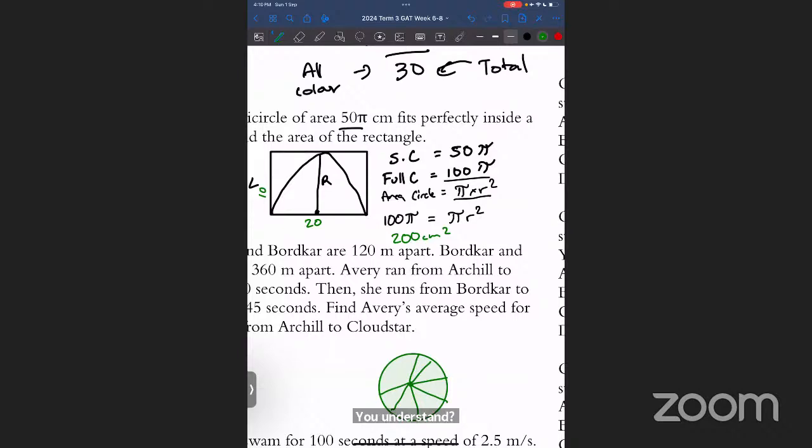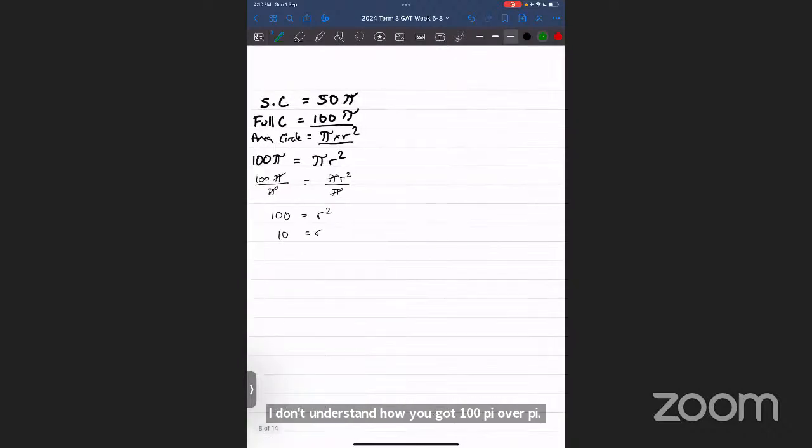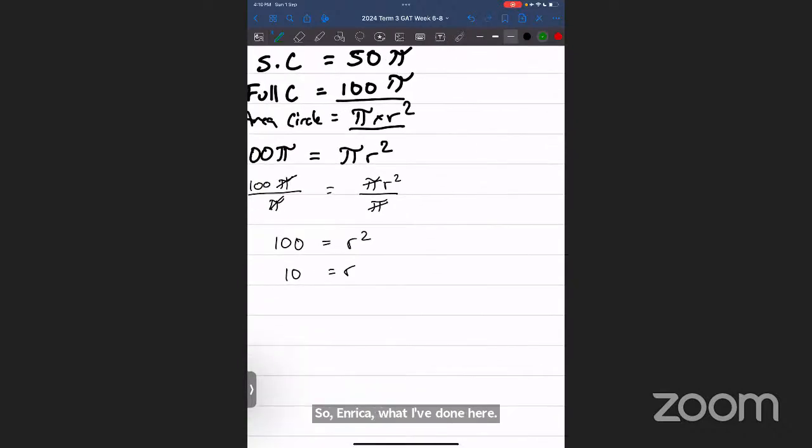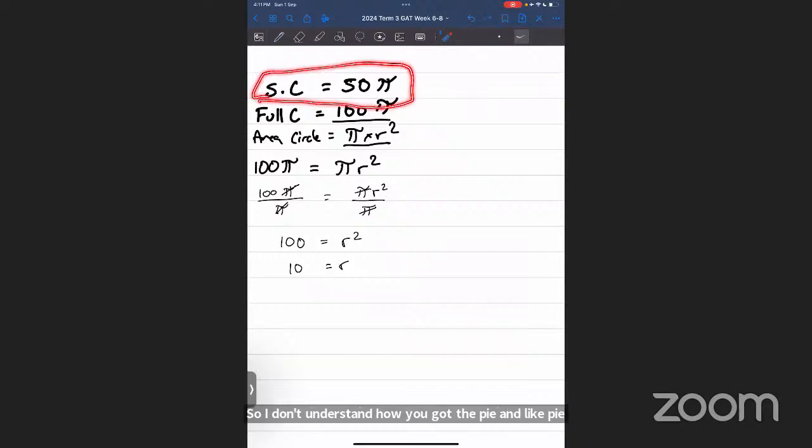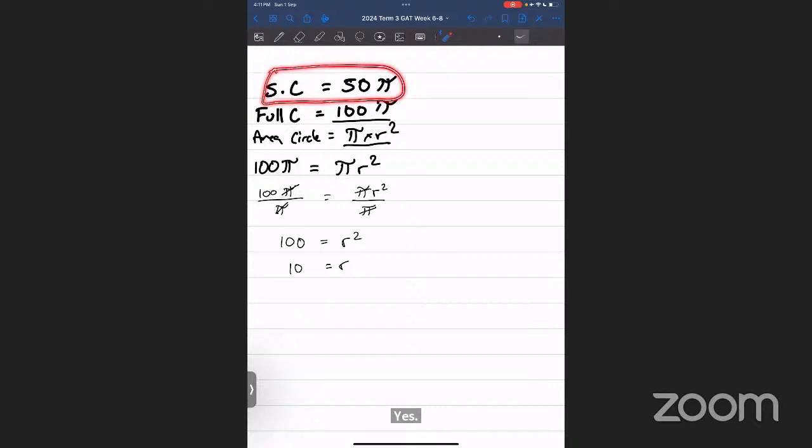I don't understand how you got 100 pi over pi. Anvika, what I've done here is I've just divided both sides by pi to get rid of pi. Do you understand this part? Where did I get this first line from?